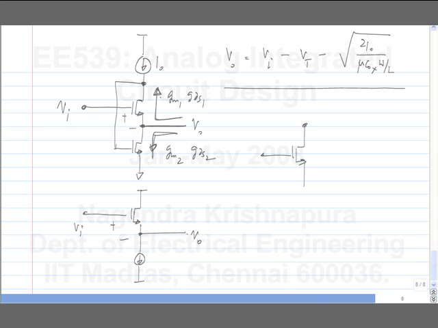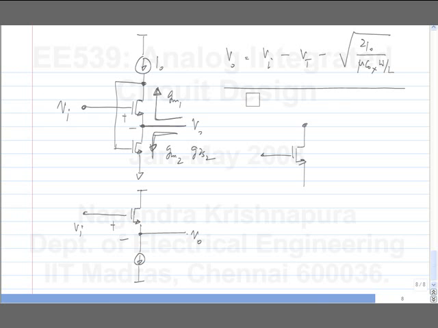What happens if GDS is 0? Still 1 by gm2? Not possible to find out. What do you mean you can't find out? You can certainly find out.